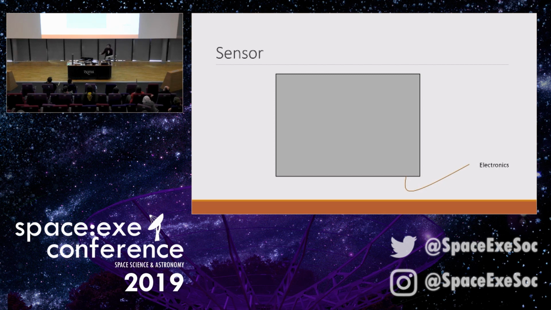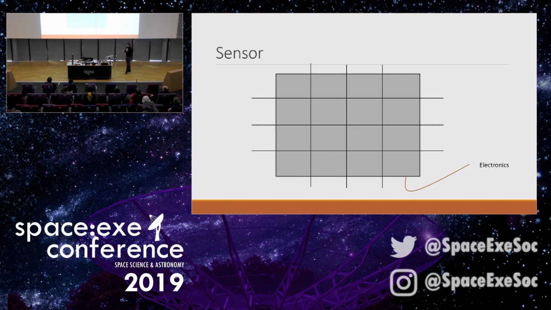Now, for comparison's sake, my phone here has like a 12 megapixel camera or something. I don't really know. We've got 1 pixel, which is less than ideal. So how do we get more? Well, we can split our plate into separate sections.